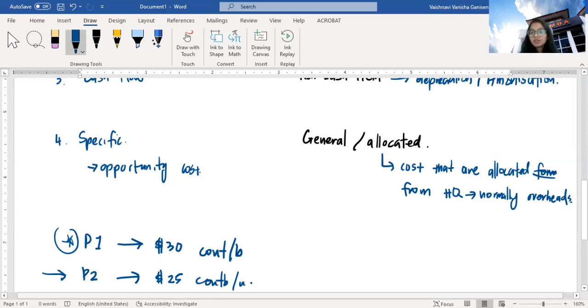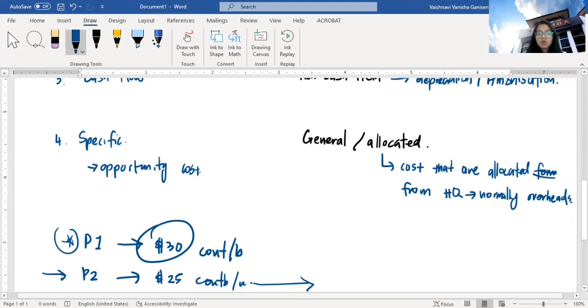The opportunity cost that you have to incur as a result of project two is $30 per unit of contribution from project one. That means you lose $30 per unit from project one, but you gain $25 per unit from project two. So as a result of your decision to take on project two, you are losing contribution from project one of $30 per unit.